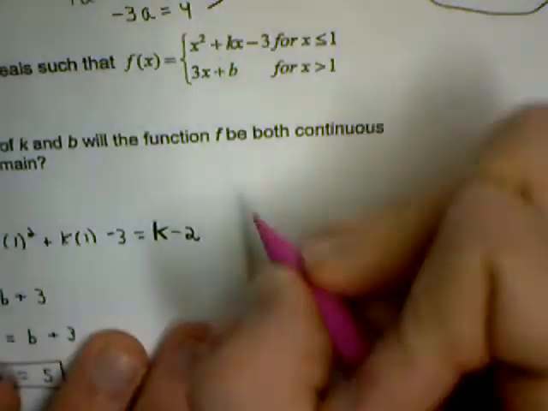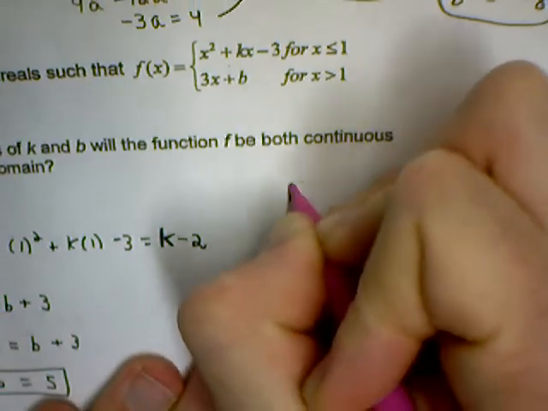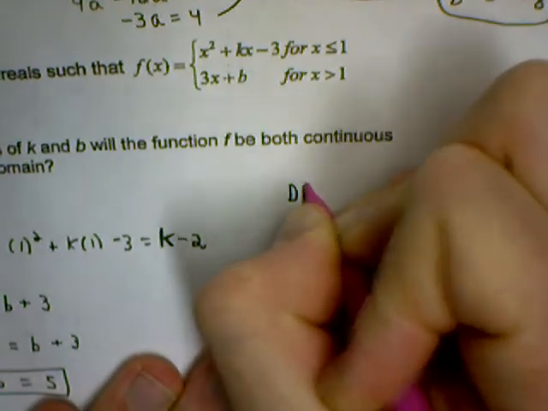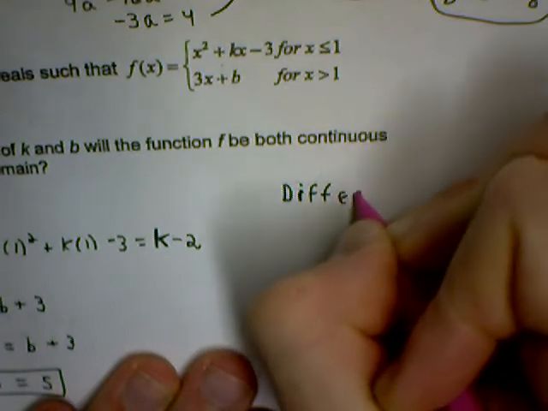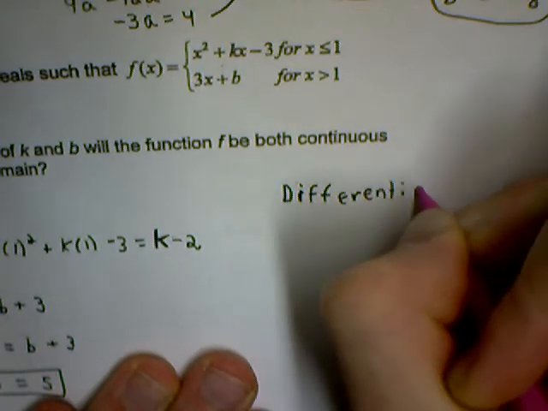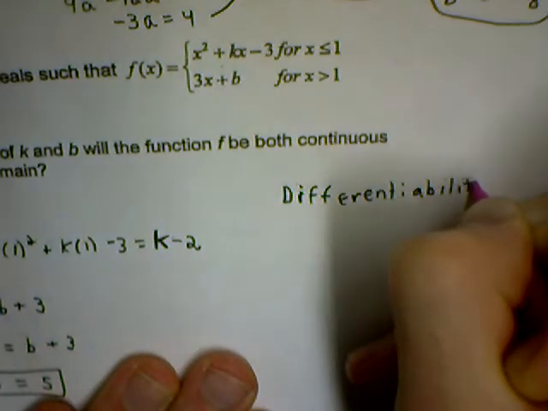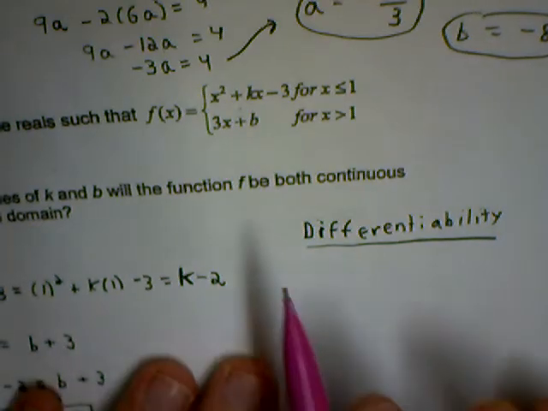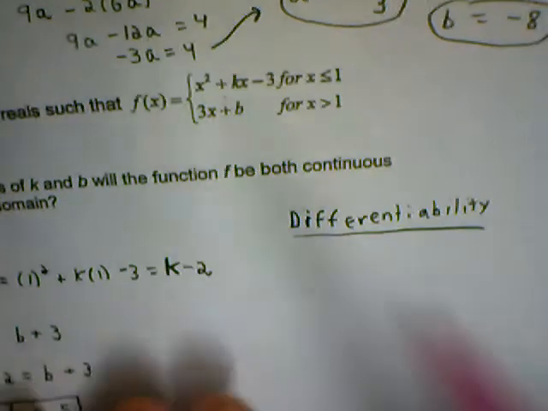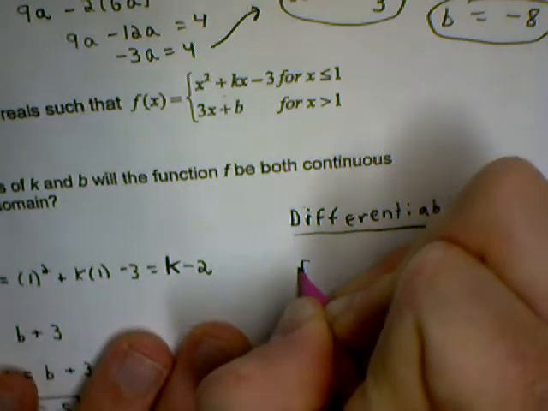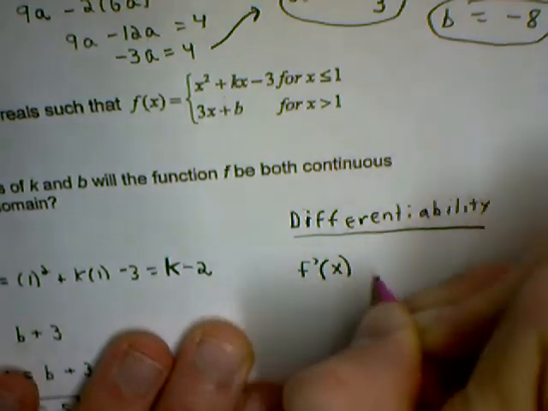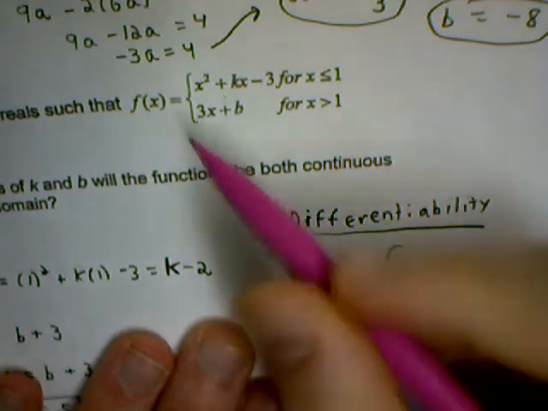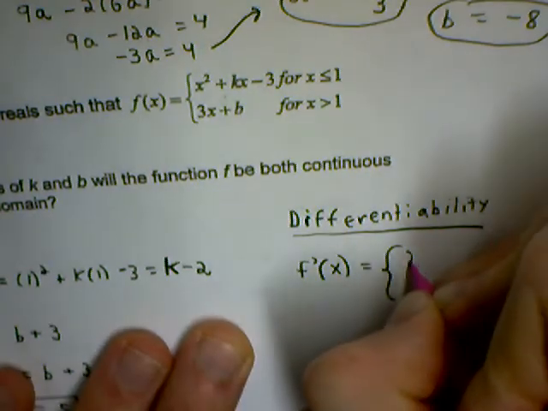Now, I'm going to come over here, and I need to find the left-hand and right-hand derivatives. All right, so let's go ahead and first take the derivative. So f prime of x will equal, the derivative of x squared is 2x.